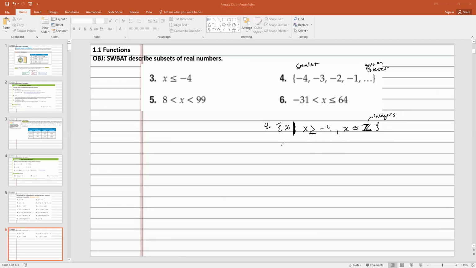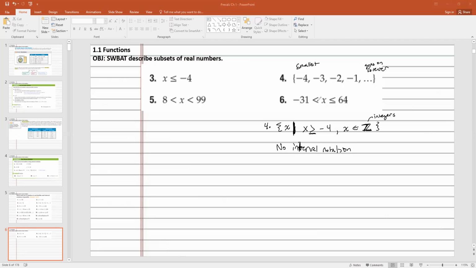Okay. And then the interval notation, we can't do interval notation because it doesn't include those decimals. So there is no interval notation. All right.